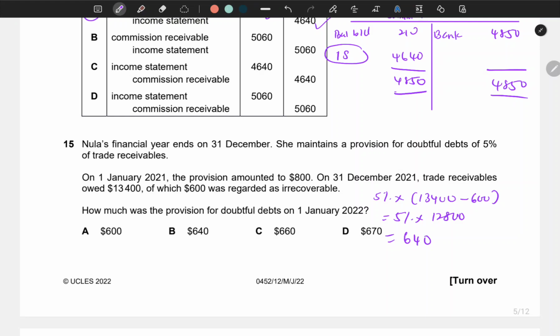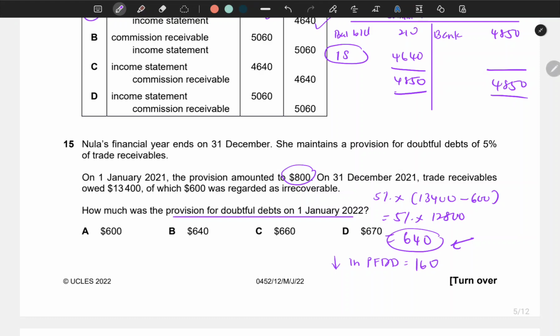As you can see, previous year 800, this year 640. So basically you have a decrease in provision for doubtful debt. Decrease by how much? 800 minus 640, 160. But the question only asks for the provision for doubtful debt at 1st January 2022, the one that we found here, the new balance.